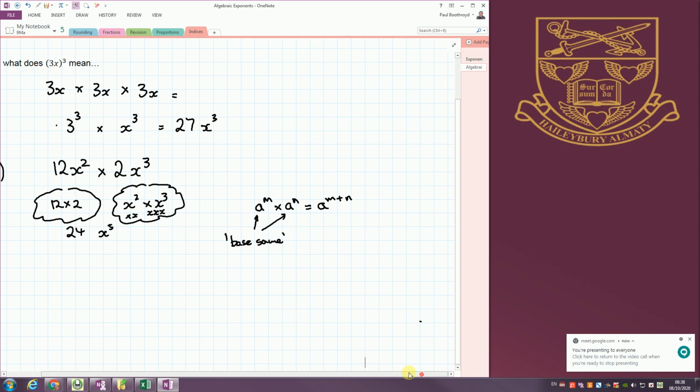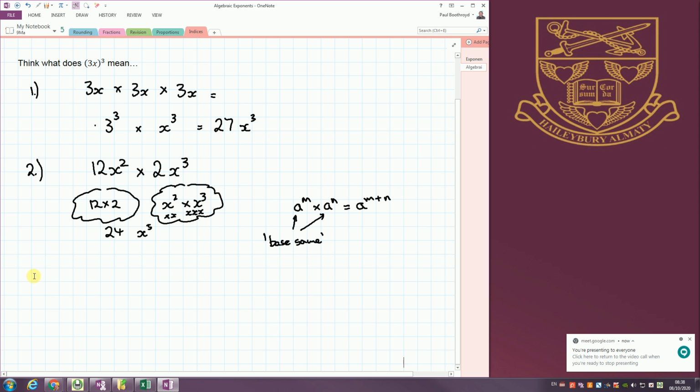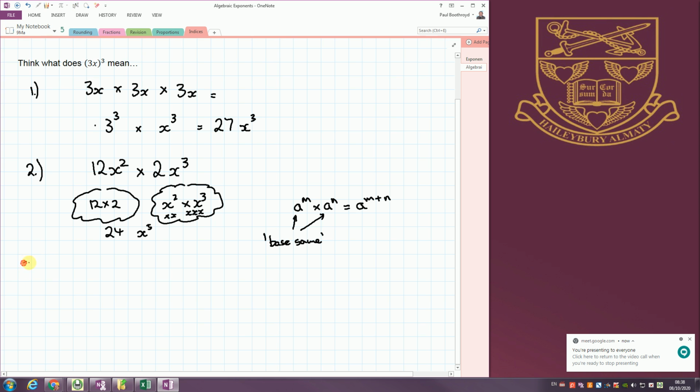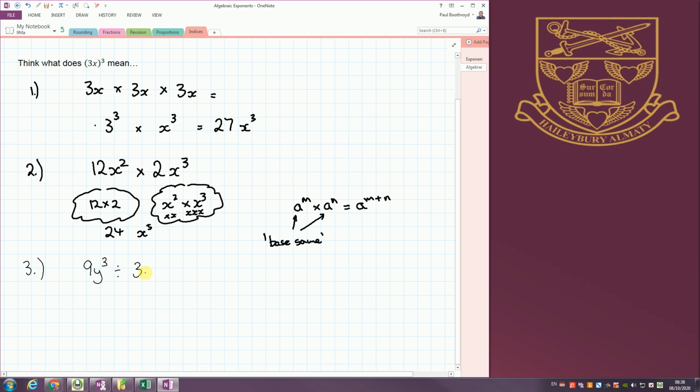So number 3. Do quite a quick one on this. Third one, just to be horrible, let's do 9y cubed divided by 3y squared, which also could be written as a fraction.